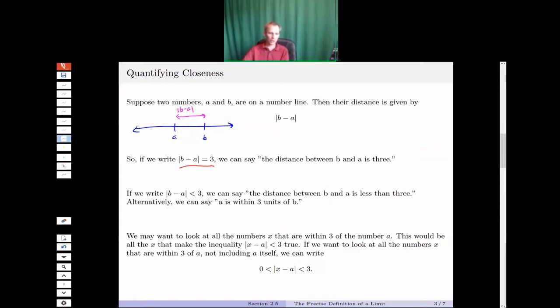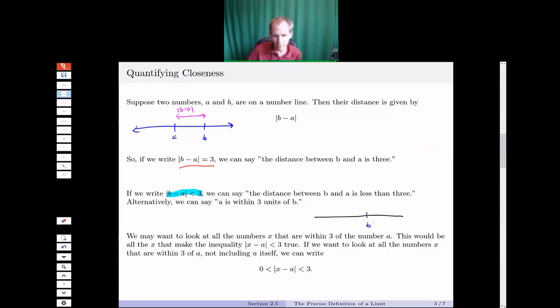We can also use an inequality to let me know that things are within a certain distance, right? So if I write the absolute value of B minus A less than 3, then we can say the distance between B and A is less than 3. Or another way of saying it is that the number A is within 3 units of B. So let me look at what this would look like on a number line.